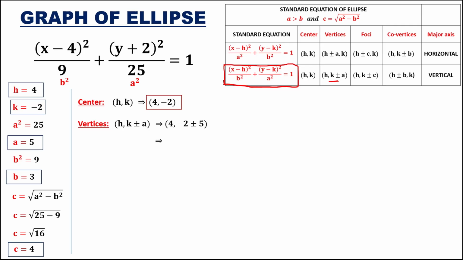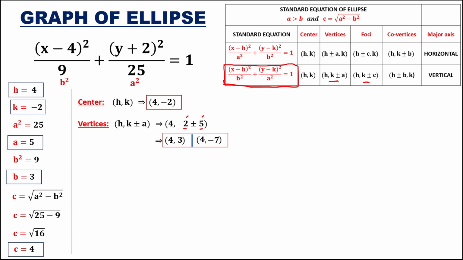Then to find the coordinates of the vertices, -2 plus 5, that's +3. Then the other coordinate, -2 minus 5, so this one is -7. So these are now the coordinates of the vertices.